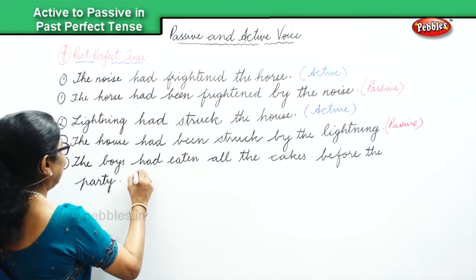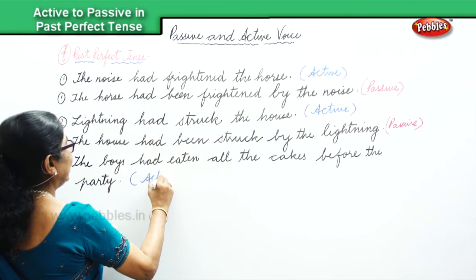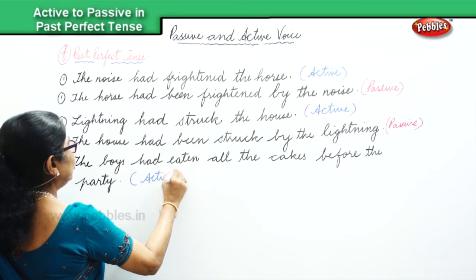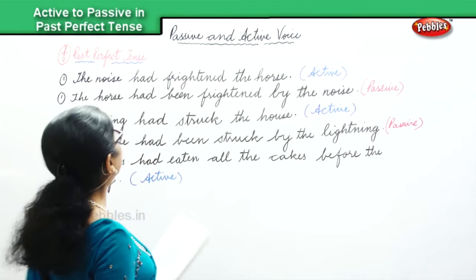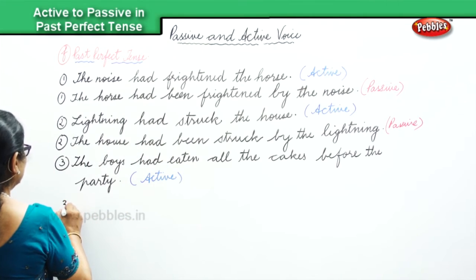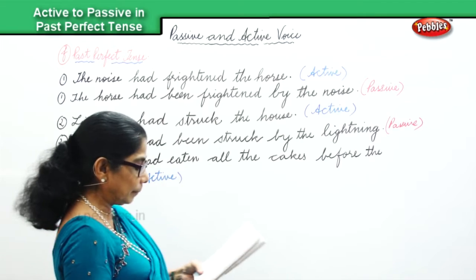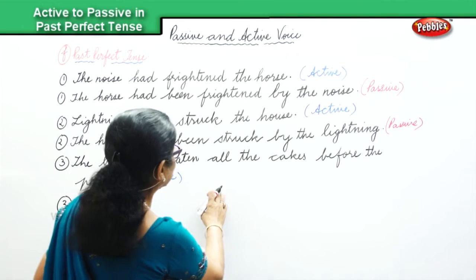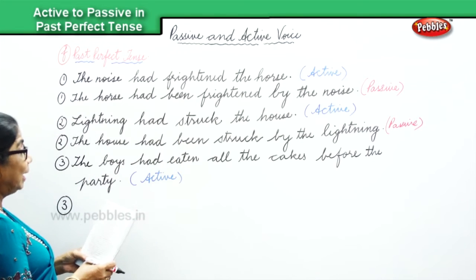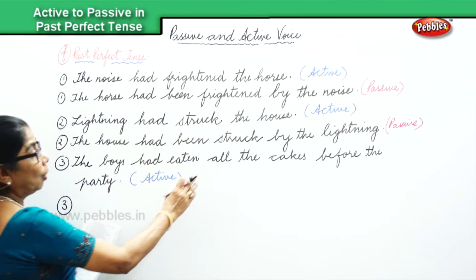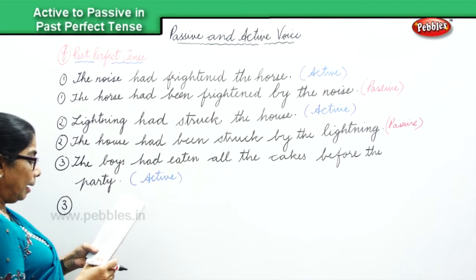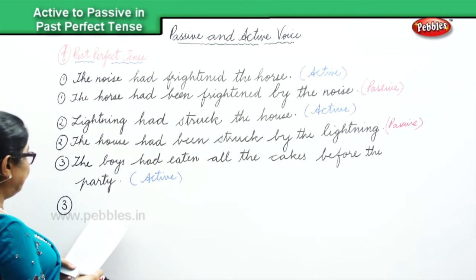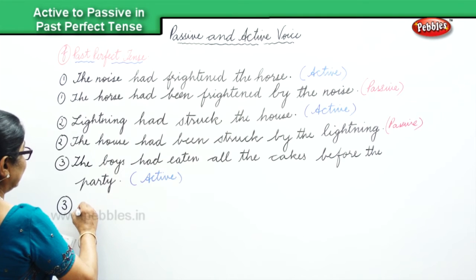It's in the active. Now we have to make it into passive, keeping in mind the past perfect tense. Okay? So now let's look at the sentence. All the cakes had been eaten, all the cakes had been eaten by the boys before the party.